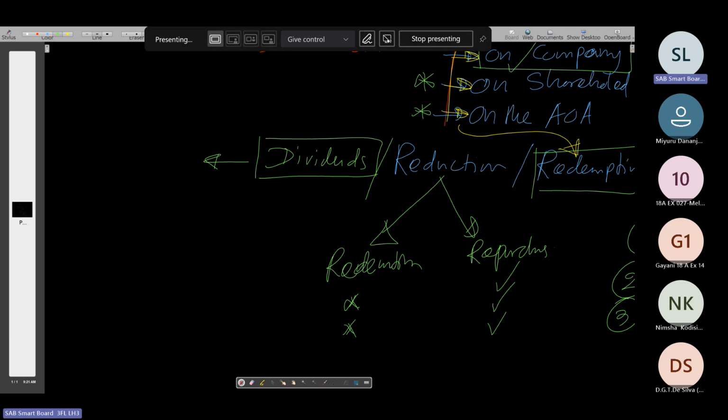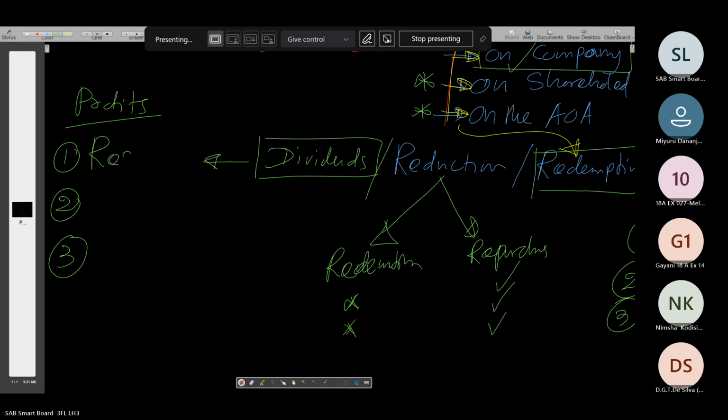In a company, the company can utilize its profits on three options. What are they? First, the company can make reserves. Another is payment of dividend.